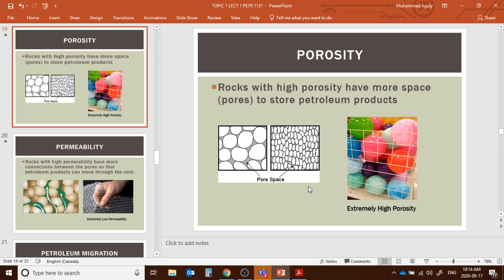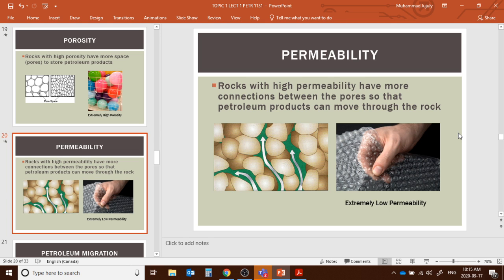The rocks with high porosity have more space or pores to store petroleum products. Now replace this with rocks and replace the air with crude oil. You'll find it's just like the reservoir. Permeability, as I said, is the channels.